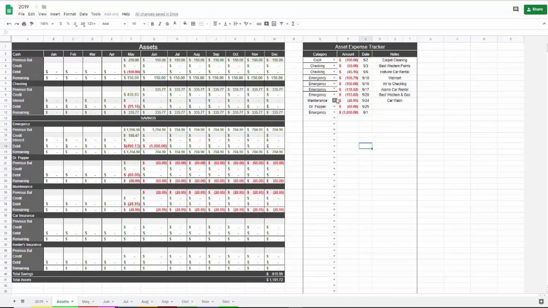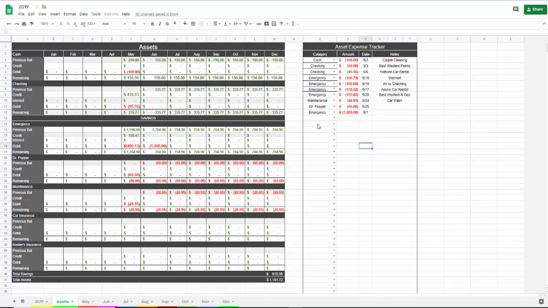So, you know, Dr. Pepper, she's getting her groom, $60. We don't have a balance accrued for her, so she's already in the negative 60. So technically, I could have taken it out of emergency, but eventually, throughout our budget for the rest of the year, I have money allocating towards her, so it'll just stay negative until money is built up.